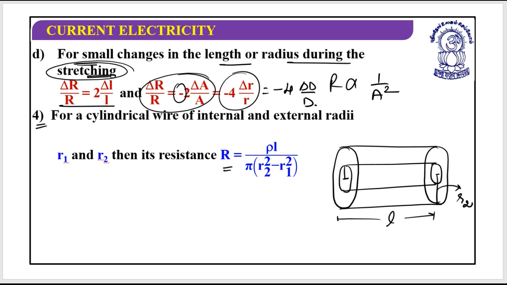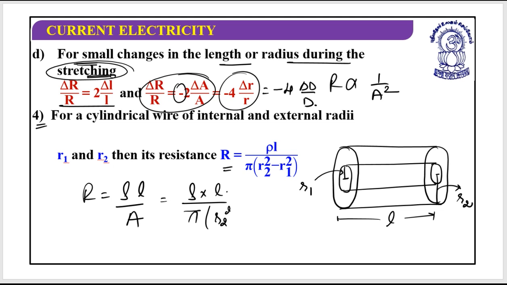The radius of the inner cylinder is R1. You want the resistance. My basic formula is R is equal to rho into L by A. Now the area is pi into the square of the external radius minus the square of the internal radius, pi into R2 square minus R1 square. This is the resistance. I hope these things are clear.